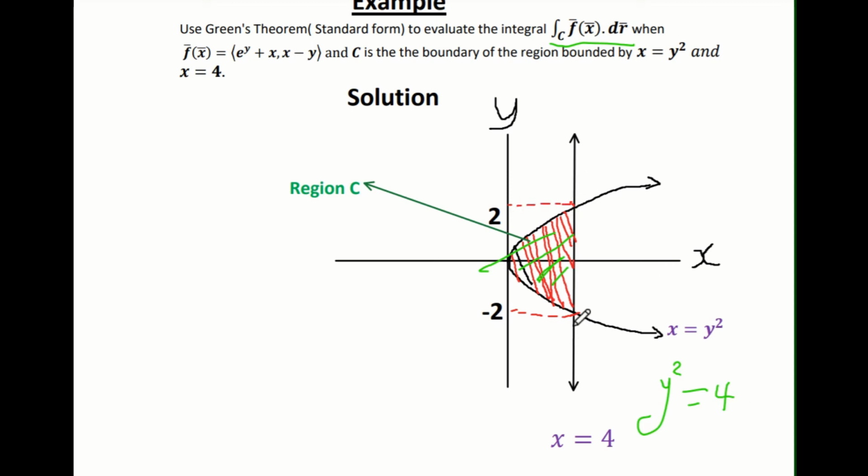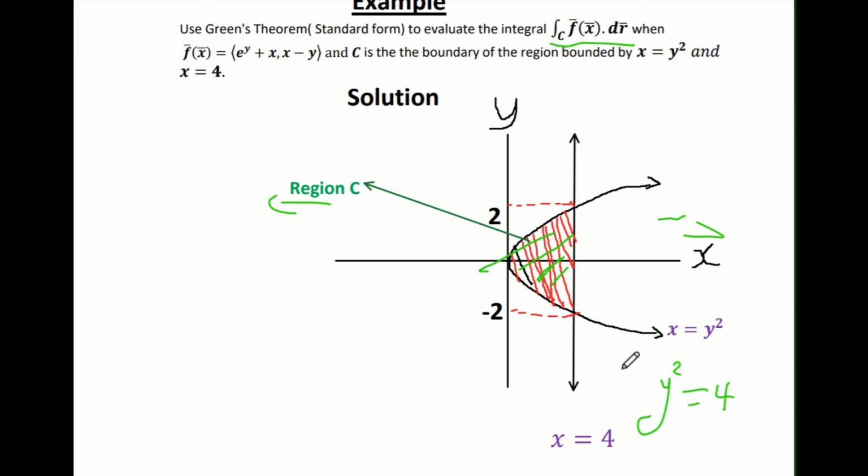So in this region, y is from minus 2 to 2, and x is bounded by these two functions, as you see. Remember, x is bigger to the right and smaller to the left. The line x equals 4 is to the right, and x equals y squared is to the left of the region.